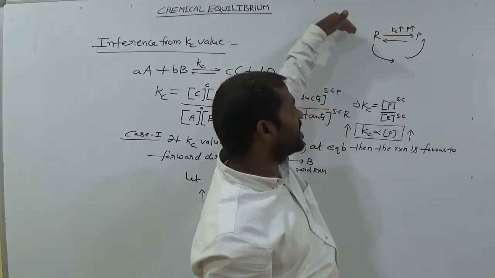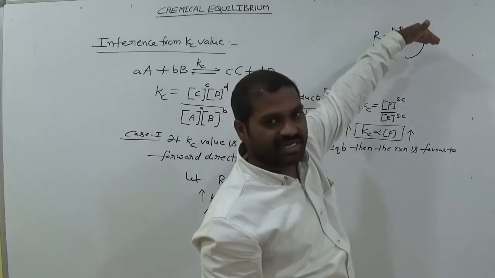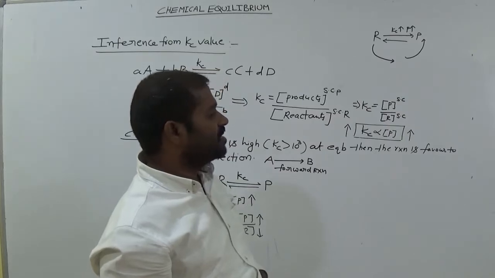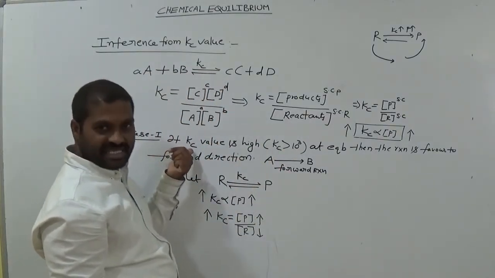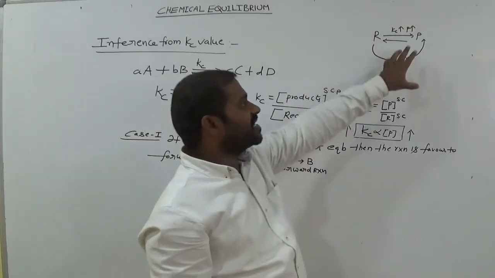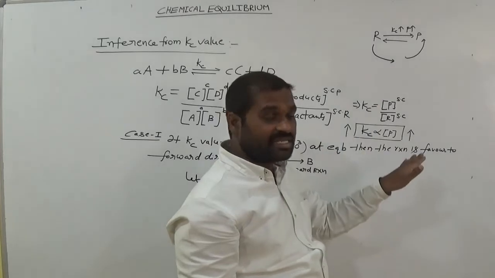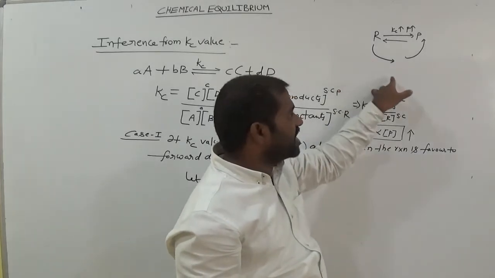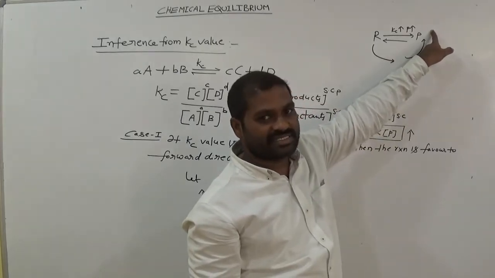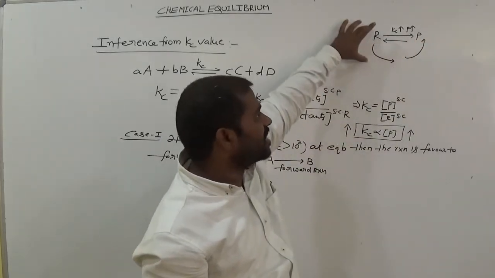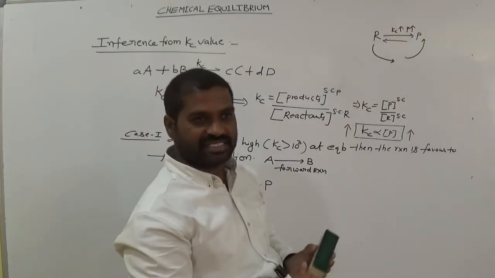That means the direction is the forward direction, reactants to products. So once again, in the case of a high value of Kc, the concentration of products increases gradually. That means the concentration of reactants decreases, and automatically the concentration of products also increases. Am I right? So the reaction proceeds in the forward direction clearly.